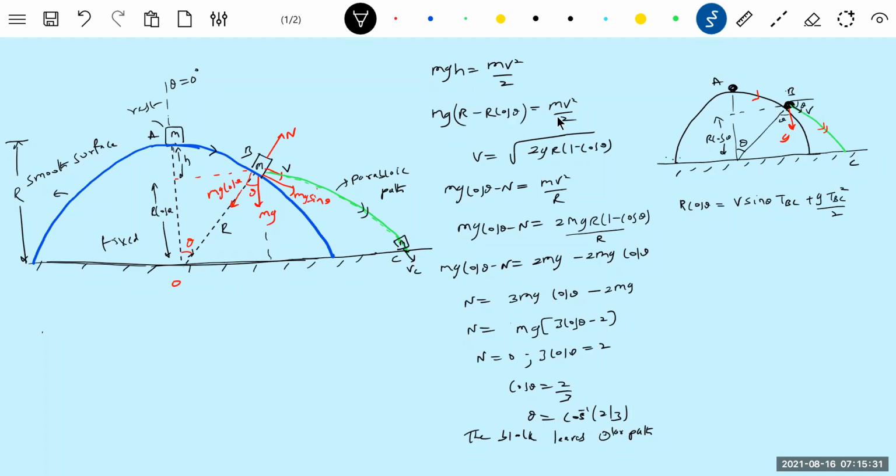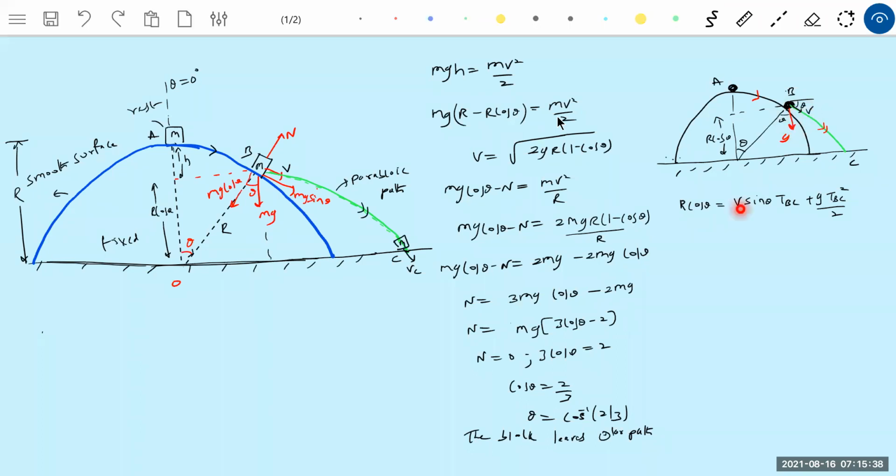Equations of motion, projectile motion. V sin theta will be along the y-axis, initial velocity. Do we know v? That I am going to substitute from here. Do we know cos theta is 2 by 3? From that I'll get the velocity here.